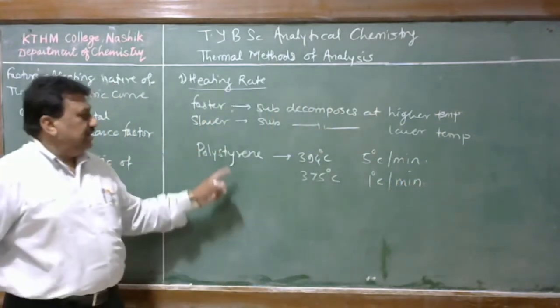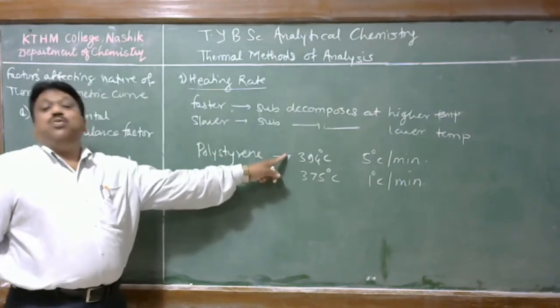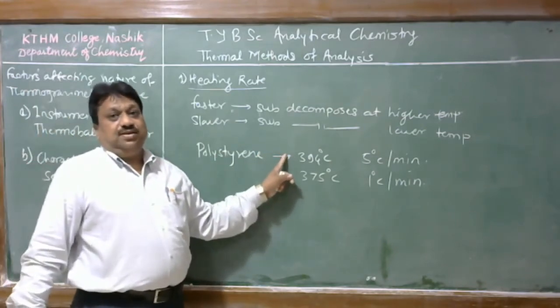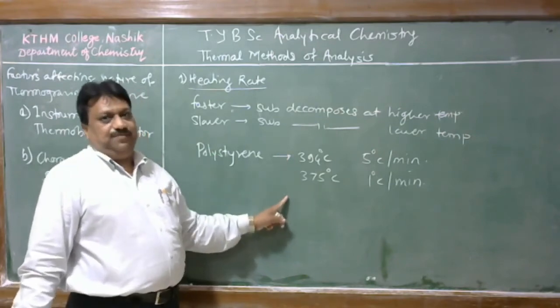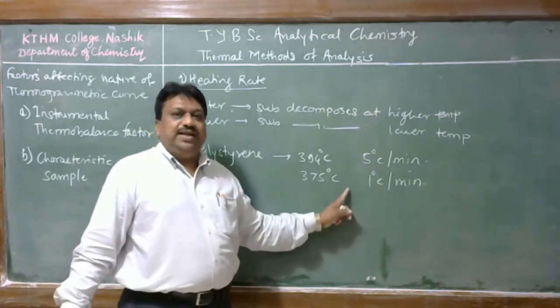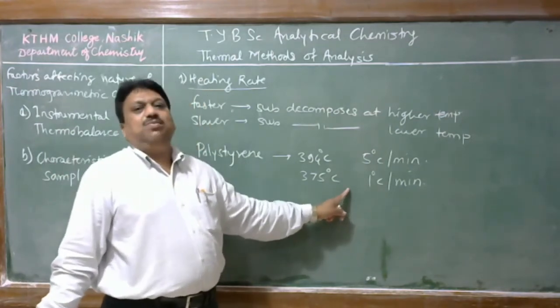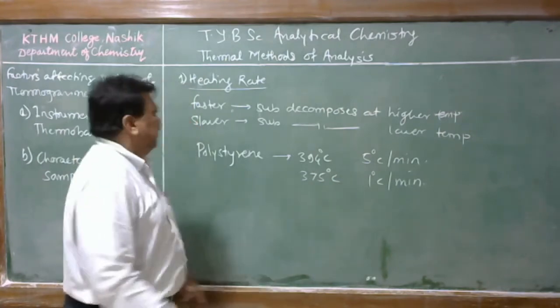That means heating rate directly affects the decomposition temperature of the substance, and definitely it will affect the nature of the thermogram. Therefore, heating rate should be slower for obtaining the exact decomposition temperature of the substance.